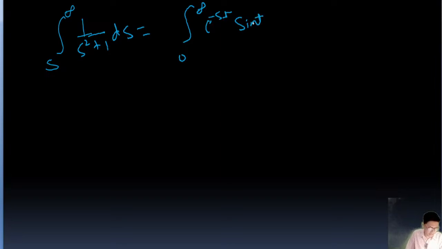So this is 1 upon s square plus 1 ds, and this equals integration 0 to infinity e to the power minus st sin t upon t dt. So with the Laplace transform, we can solve many integrations very easily, whose limits are between 0 to infinity. Very important, sin t upon t dt.